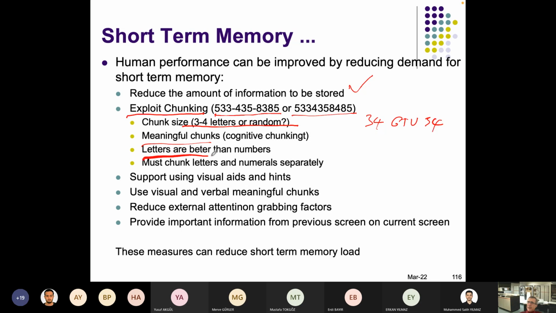Usually, letters are easier to remember than numbers because they are more vocal in the brain.